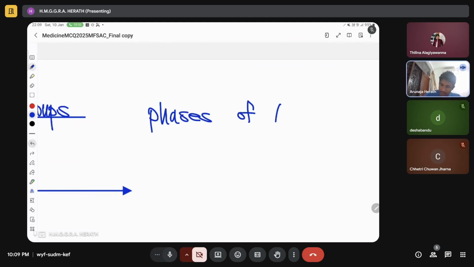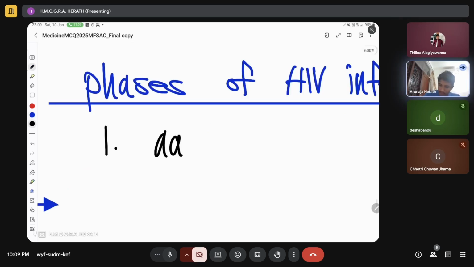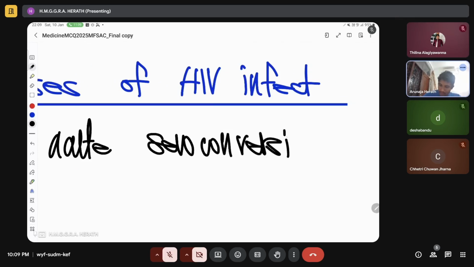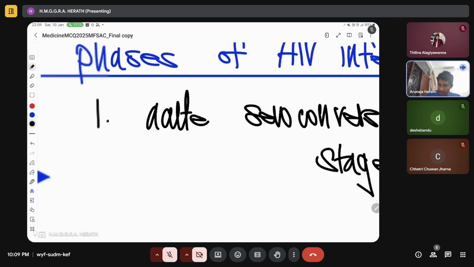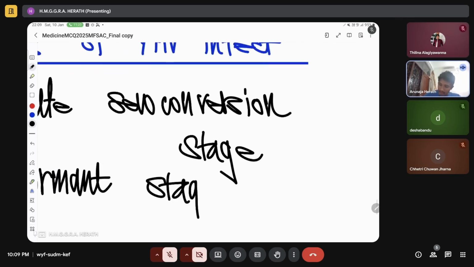So, what are the phases of HIV infection? The first one is the acute seroconversion stage. The second one is the dormant stage, where the patient's immunity is still not reduced.